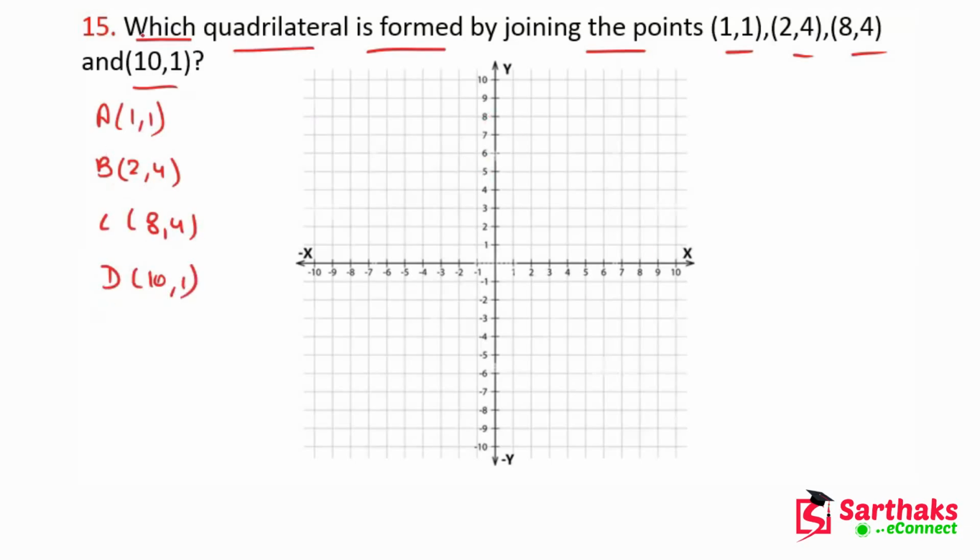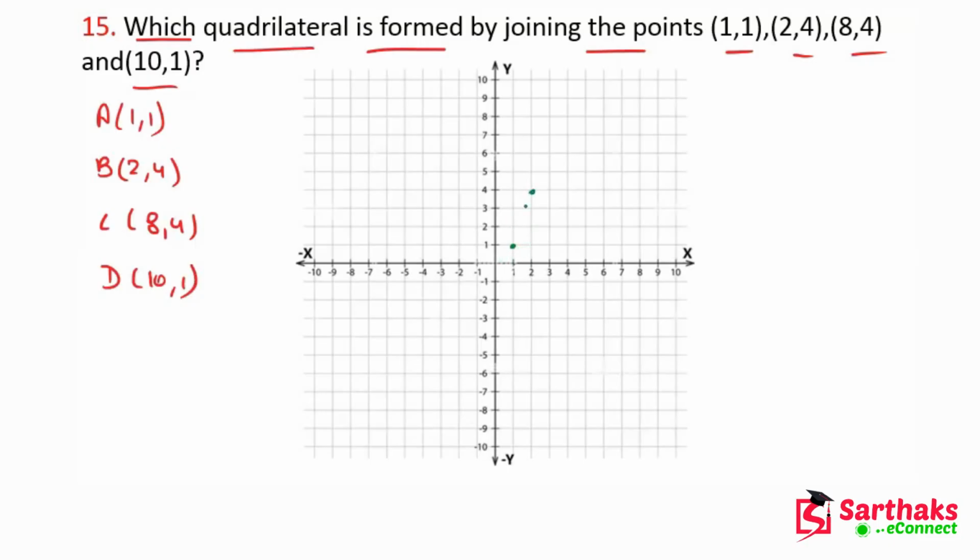Point A is here, (1, 1). Point B is (2, 4): x is 2 and y is 4.